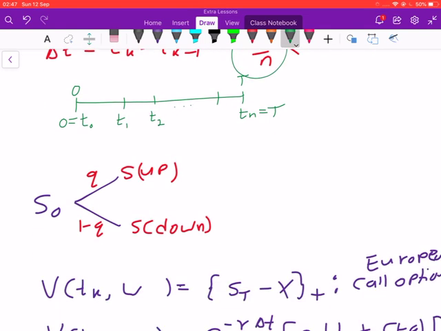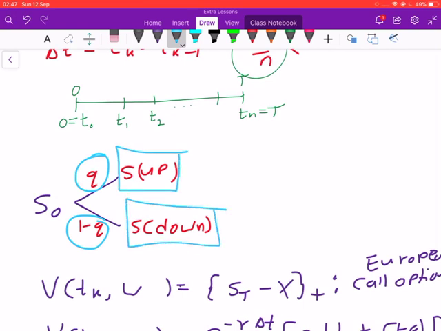Basically what we want is to find the artificial probability of up and down, and we also want to find the price of the asset in the upstate and the downstate.